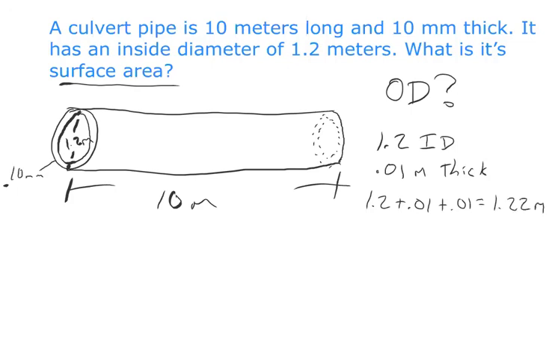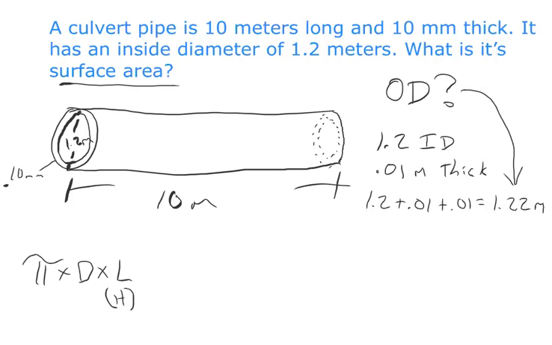And now we're back to an OD, an outside diameter of 1.22 and a length. But if you stood this up, it would be the height, right? We can think about it as length or height are the same thing. So it's pi times diameter times length, which is really just the same as saying height.